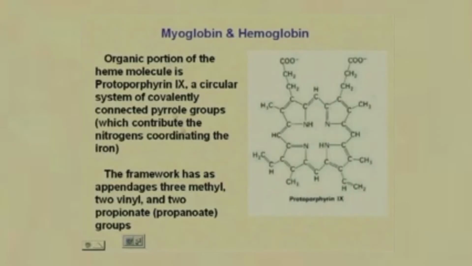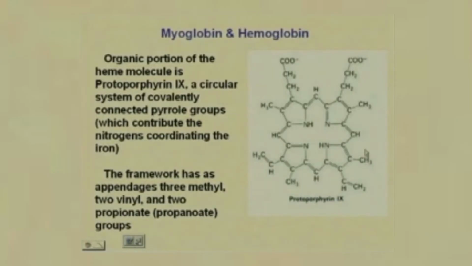Okay, so if you look at this framework very carefully, you will see that there are 3 methyl groups. There is a CH3 here, a CH3 here, and a CH3 here.